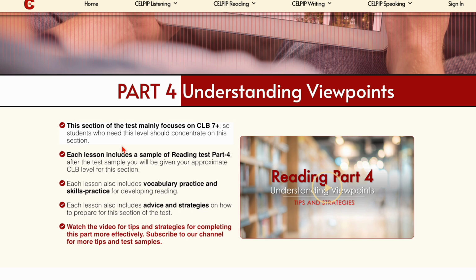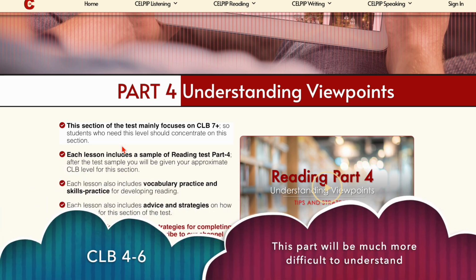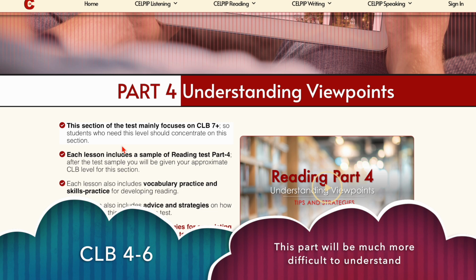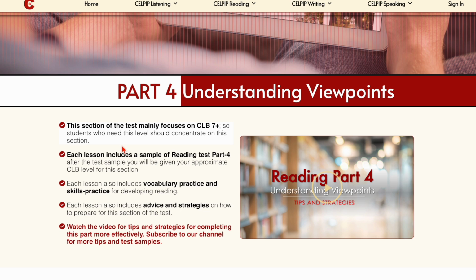Now, if you need to get CLB 4, 5, or 6, this part will be very difficult, okay? Because it will be more difficult English and vocabulary and ideas to understand for lower levels. And usually, just to give you an example, level 5, usually they get 0 in this part.